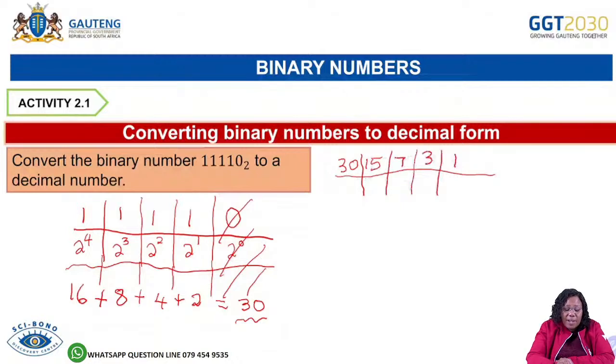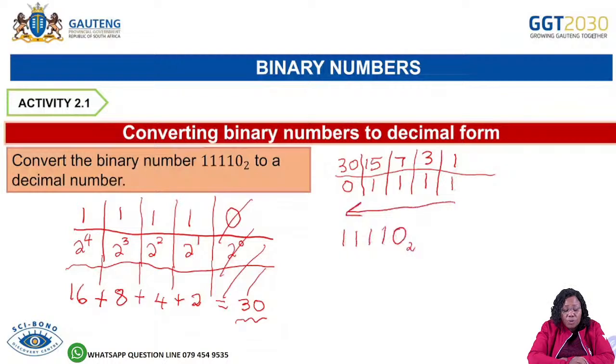Remember, all the even numbers take zeros and the odd numbers take ones. 15 is odd, 7 is odd, 3 is odd, 1 is odd. When you put this in binary notation, it is from right to left. Now we have binary 1 1 1 1 0.